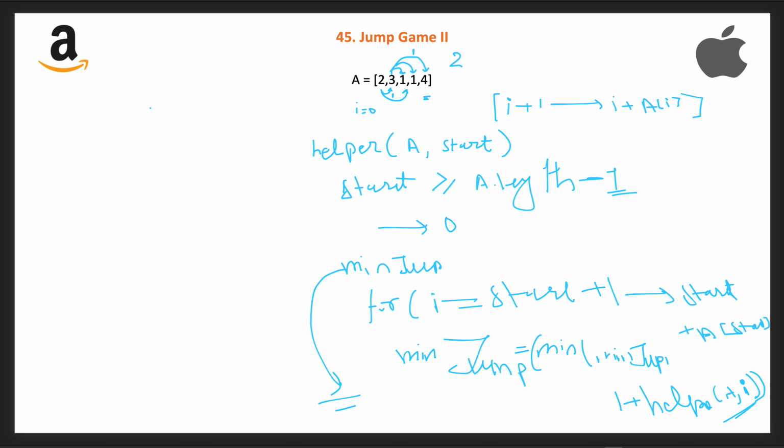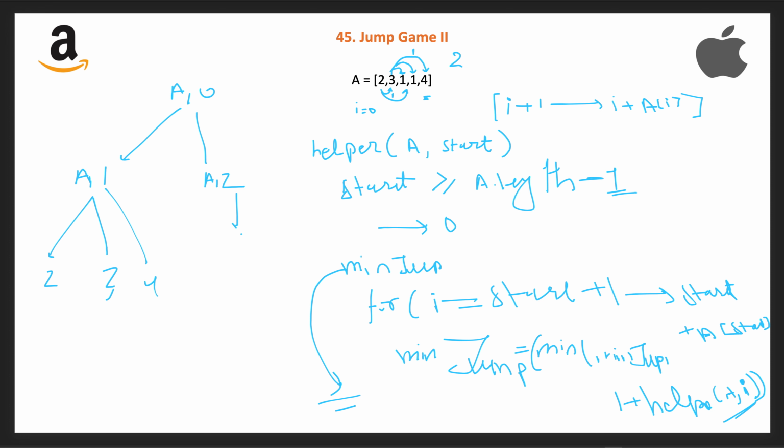Let's make the recursion tree for this. Our A starts from the 0th index. As the value of A is 2, we can either go to index 1 or to index 2. Similarly from index 1 we can go to 2, 3 or 4.